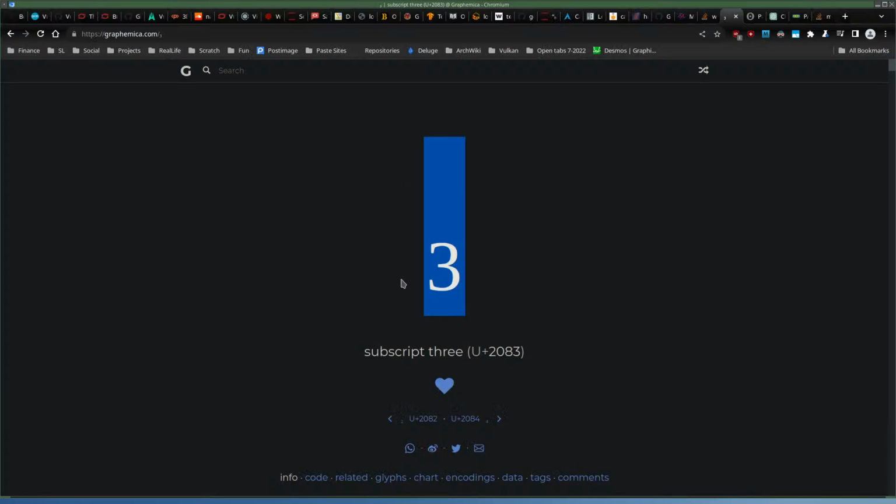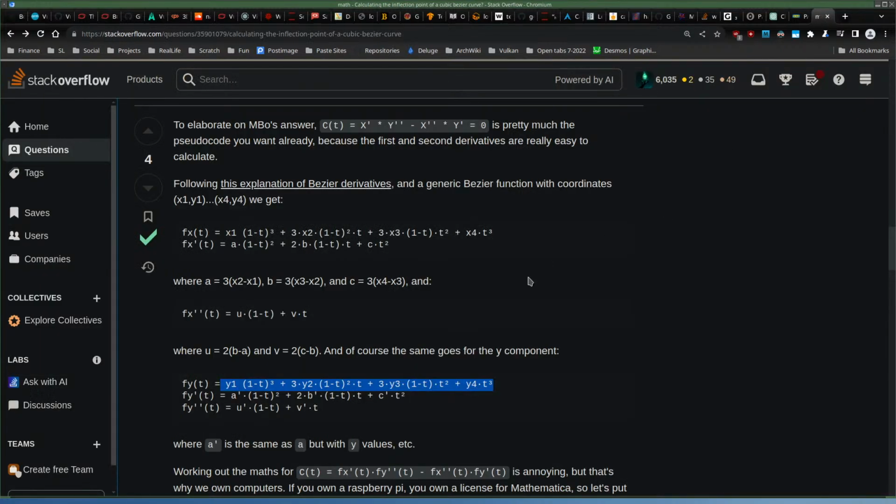I have no idea why this guy does it separately, because he's talking about the X coordinate here, and then here again the Y coordinate. But you can just combine the two and write everything as a vector. It's the same thing, the same vectors here. So if the X coordinate is multiplied by that and the Y coordinate too, then you might as well talk about that vector times a point, times a 2D vector.